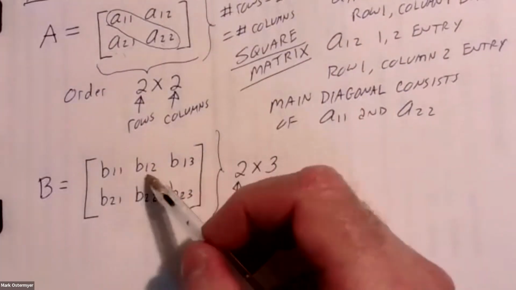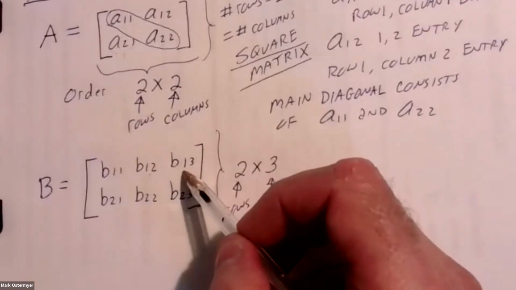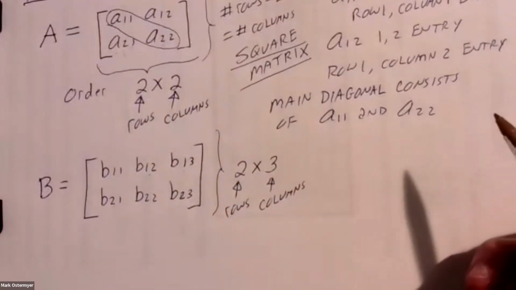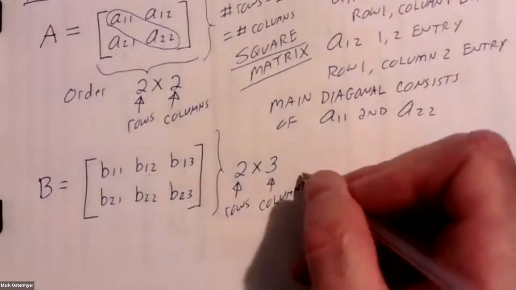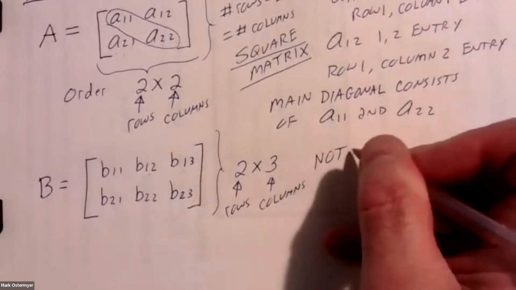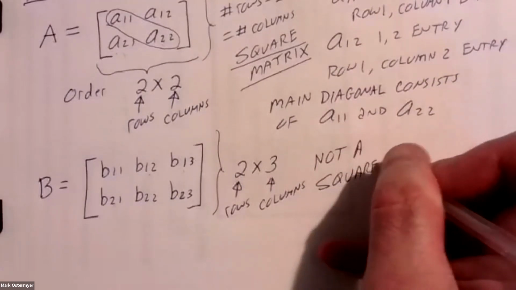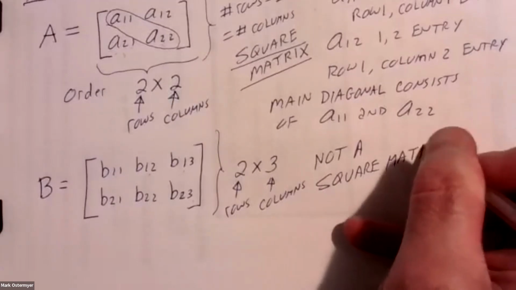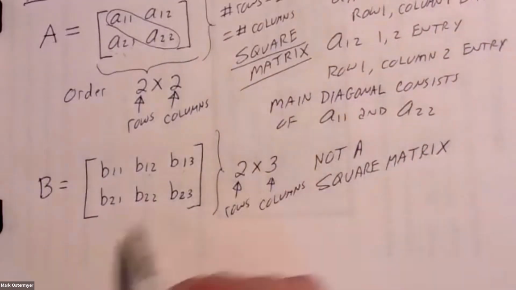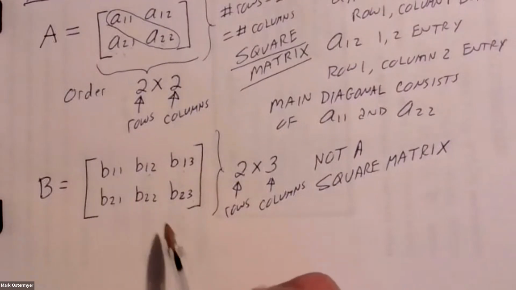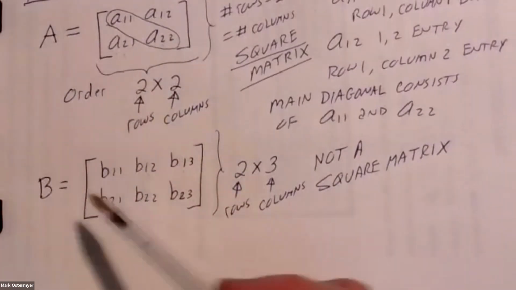That's the 1, 1 entry, the 1, 2 entry, the 1, 3 entry, the 2, 1 entry, the 2, 2 entry, and the 2, 3 entry. This is not a square matrix because the number of rows does not equal the number of columns. And another thing is that non-square matrices do not have a main diagonal like square matrices do. Okay.